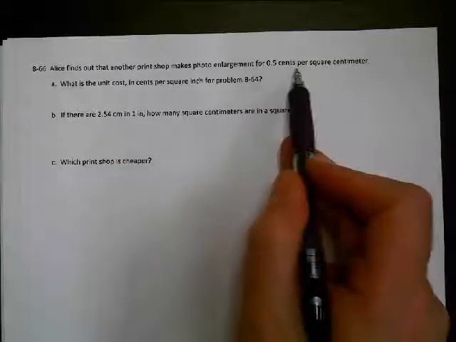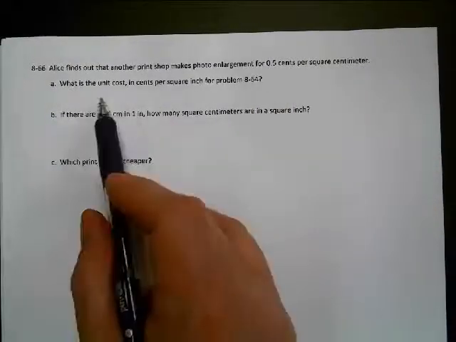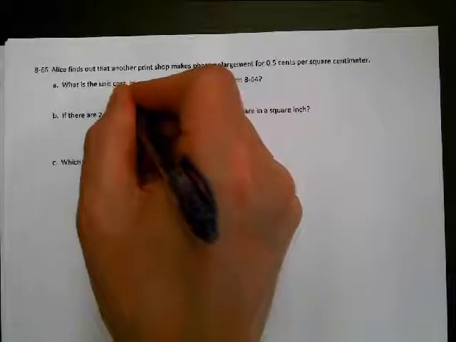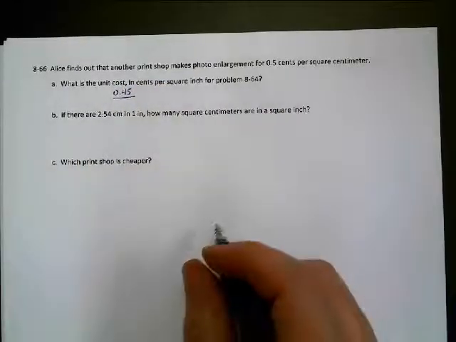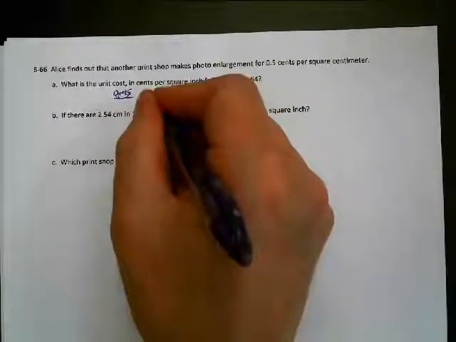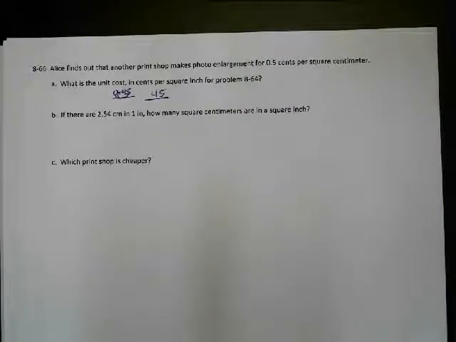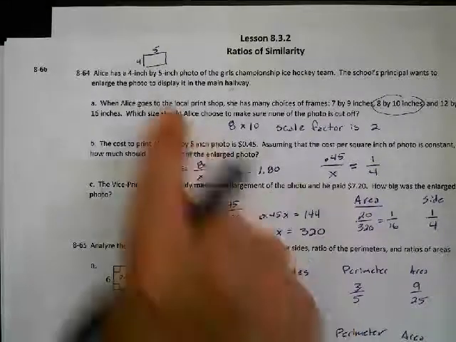So since they're in cents per square centimeter, they're in a unit rate, we want to get a unit rate for the other one, which was cents per square inch. So we found out on that last one that it was 45 cents. 45 cents per, and then the area was 4 by 5 on the original, so that's 20.